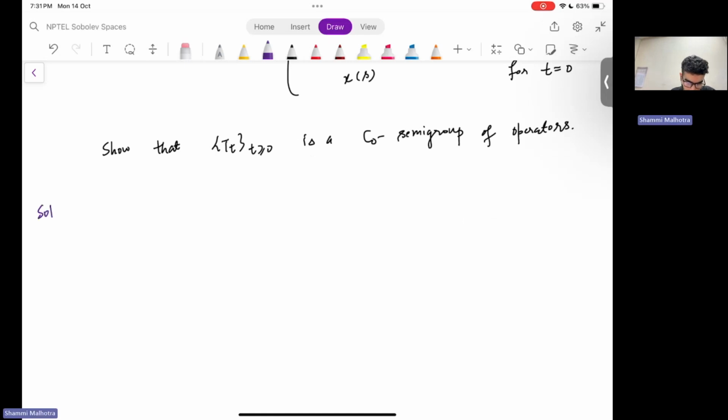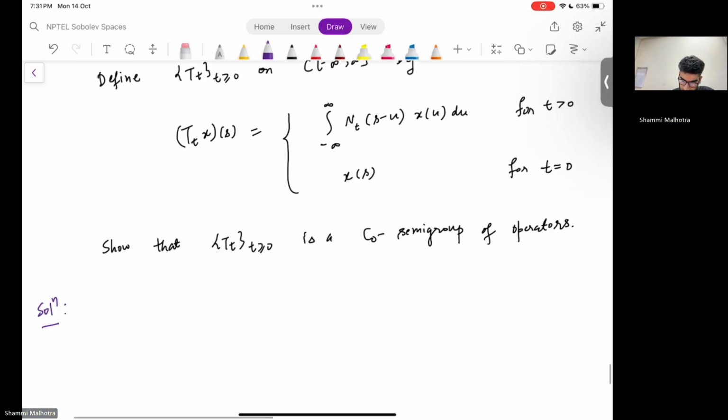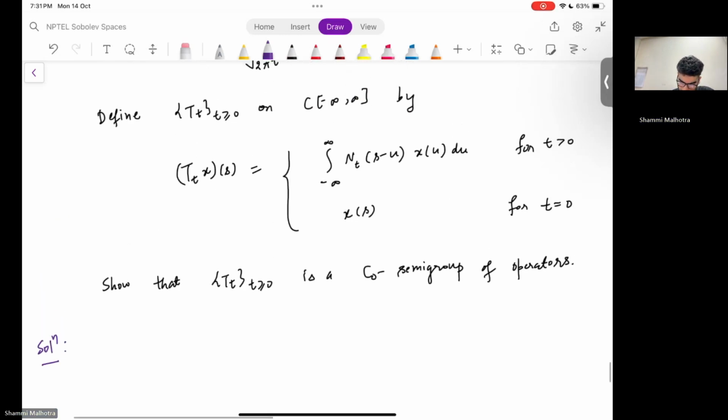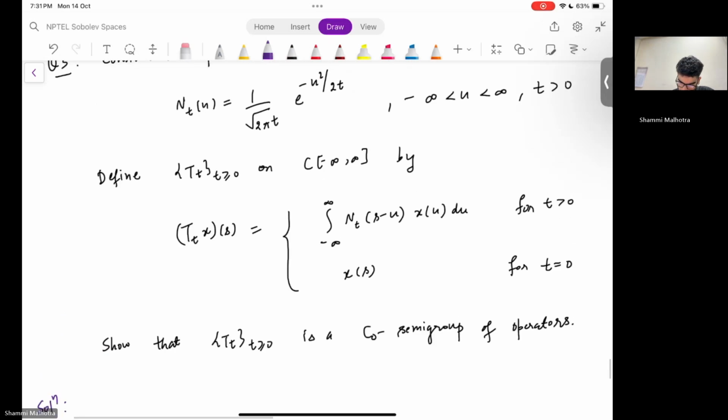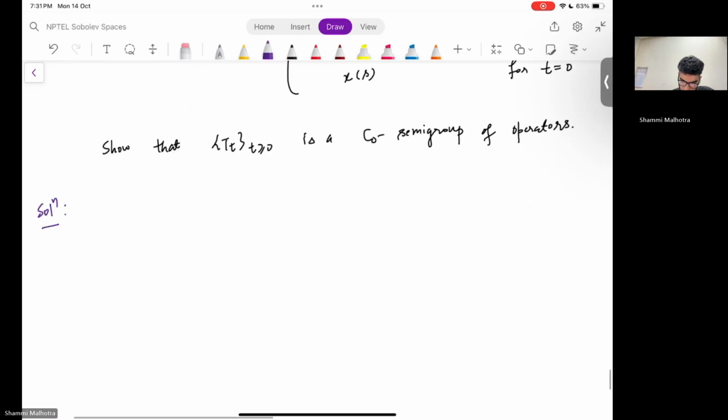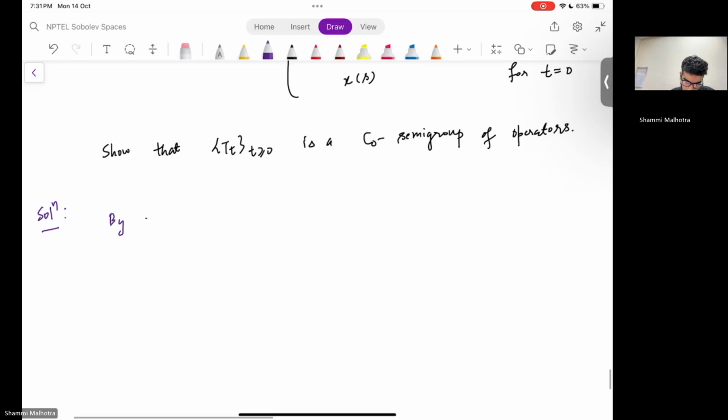How do we show this? To show this, first of all, by definition, T_0 is nothing but the identity only.